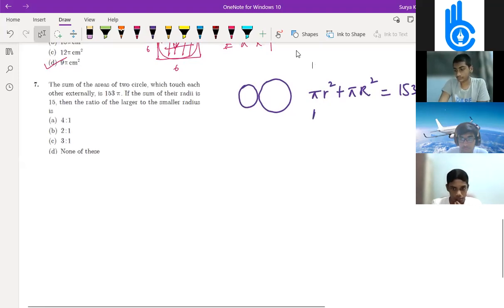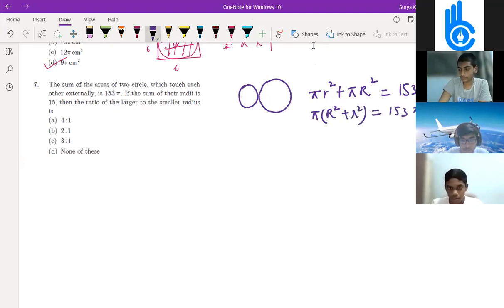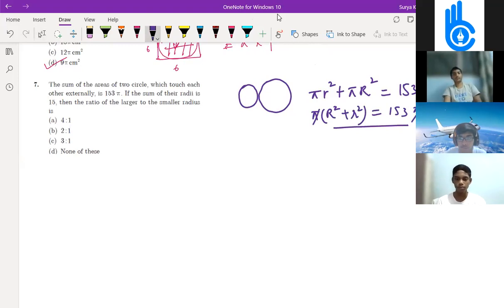The pi gets cancelled. The first equation you got from here, right? And sum of their radii is 15, so r plus R is equal to 15.